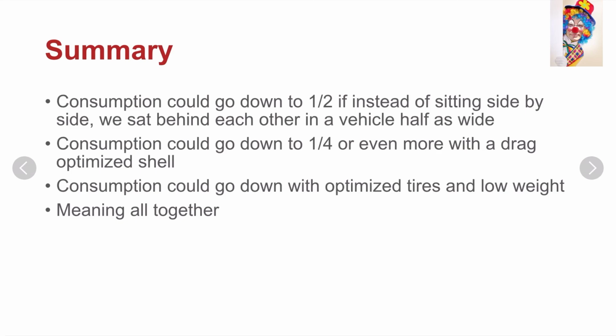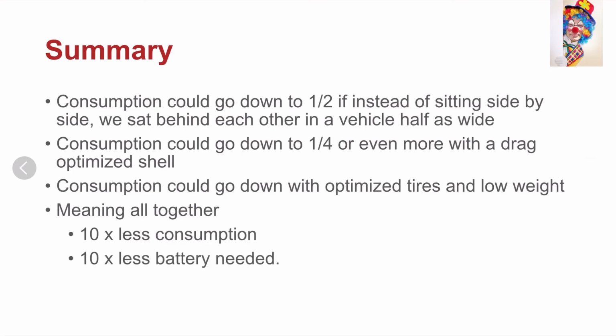Altogether this means 10 times less consumption if you take all the points above, and you would need 10 times less battery. So you don't need 60 kilowatt hour or 100 kilowatt hour batteries anymore. I showed this example with a 2.5 kilowatt hour battery for such a car, where you can have a reach of 200 kilometers. So this would then not be a problem anymore.